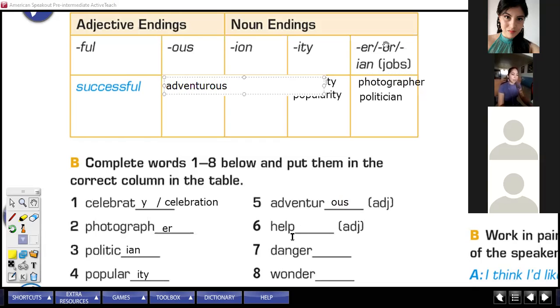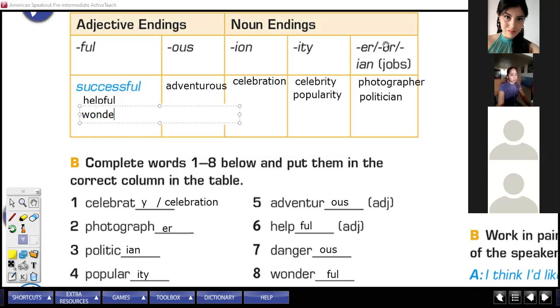Adventurous. Then help, helpful. Very good. Here, helpful. And dangerous. And wonderful. Good. Okay, so you need to classify them here.